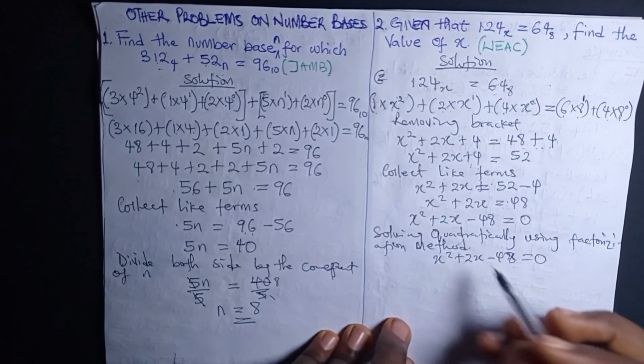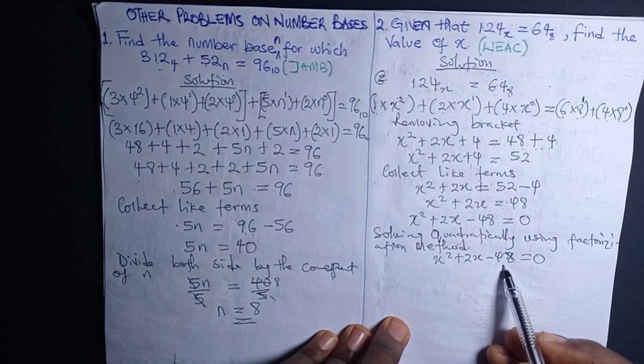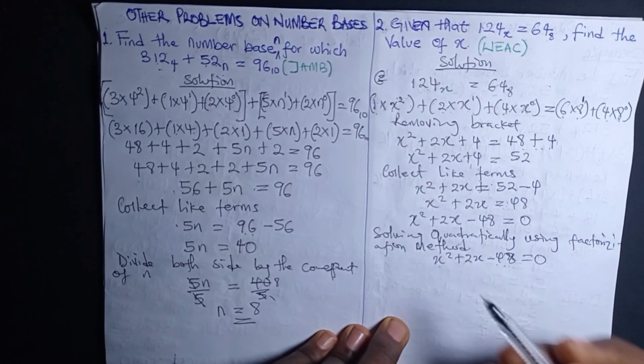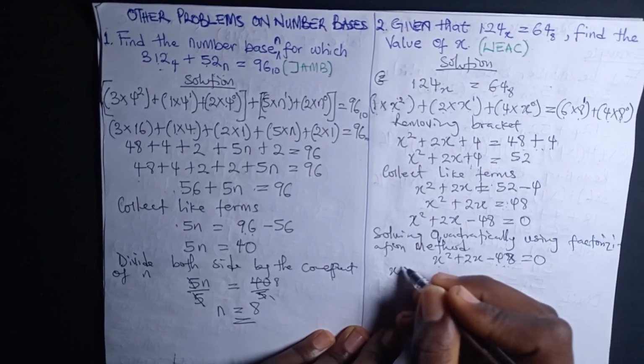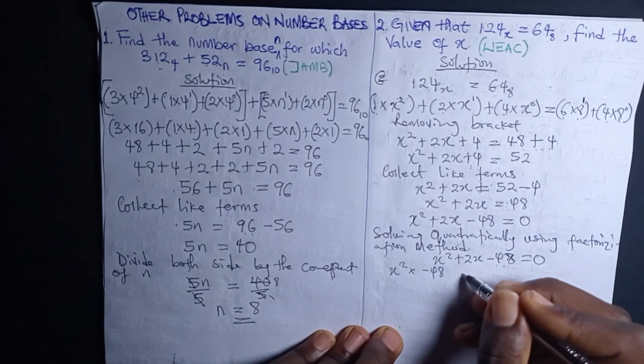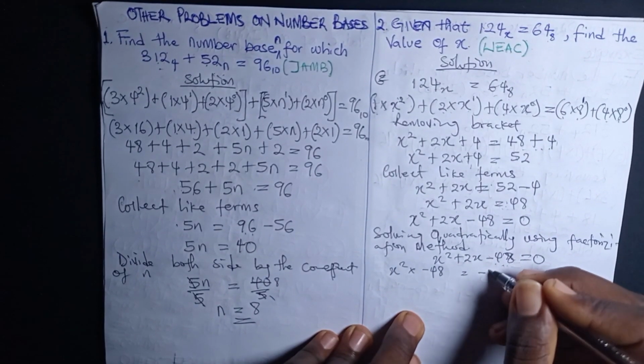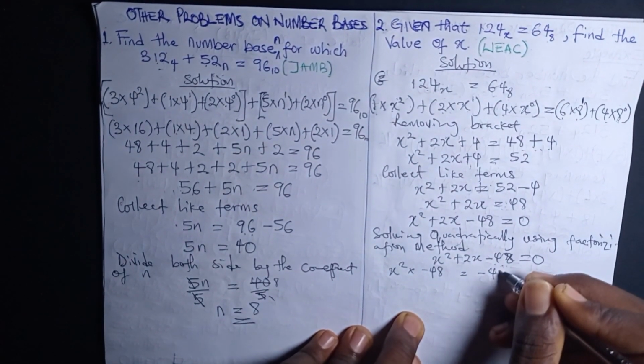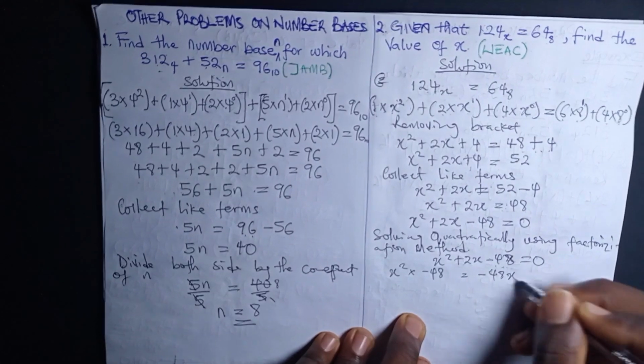If you use factorization, the first step is to multiply the first term and the last term. That is x squared times minus 48, which will give you what? Minus 48x squared.